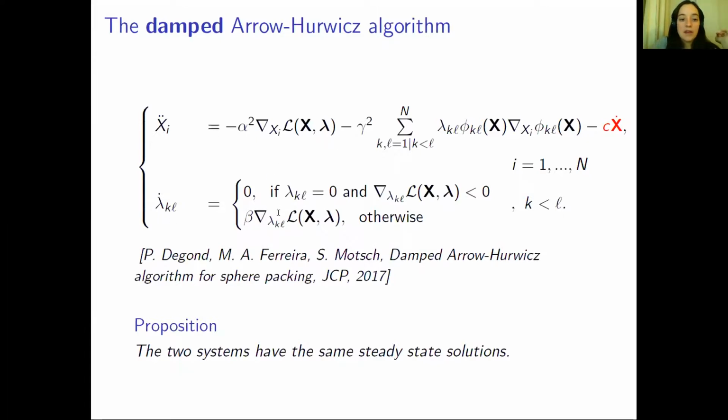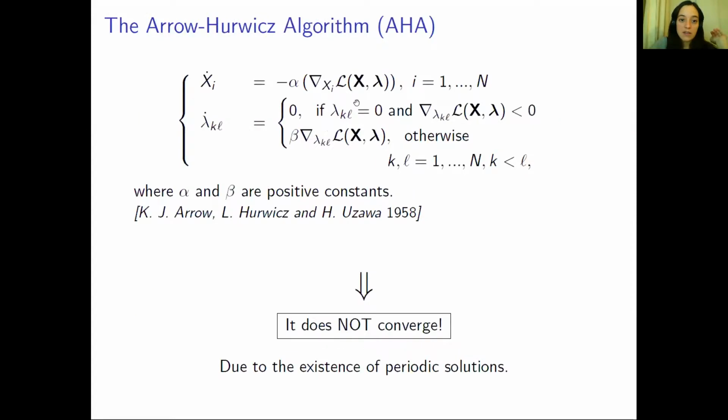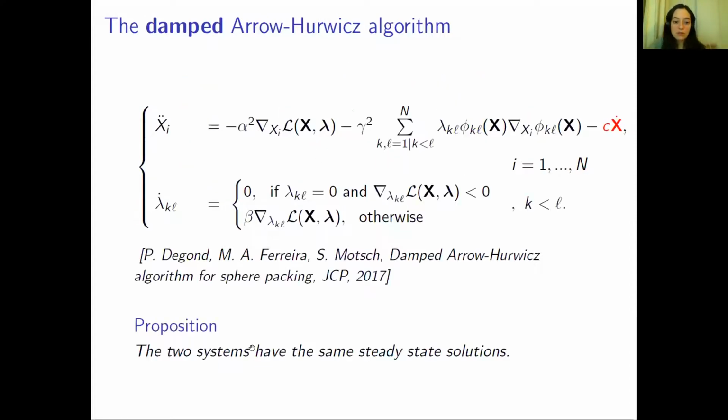And at equilibrium, the second equation implies that phi times lambda is 0, and so this term is 0 at equilibrium, and we have just that the gradient of L equal to 0. This is what the equilibria in this system satisfy, which is the same in the previous system. So the two systems have the same steady state solutions.